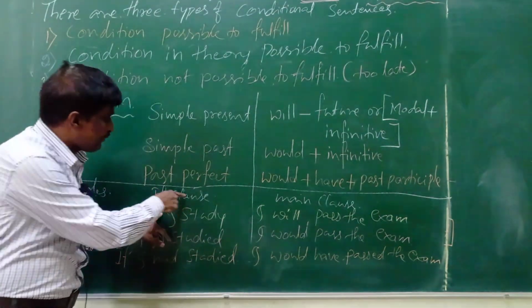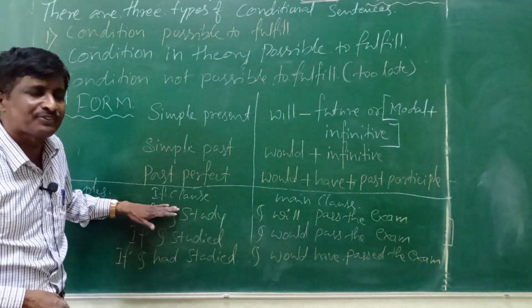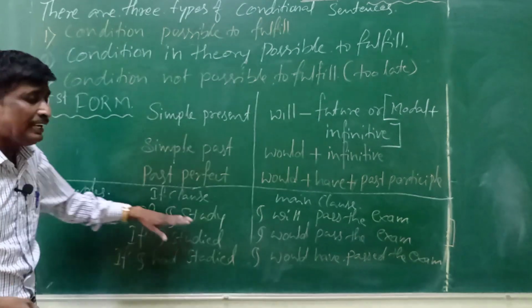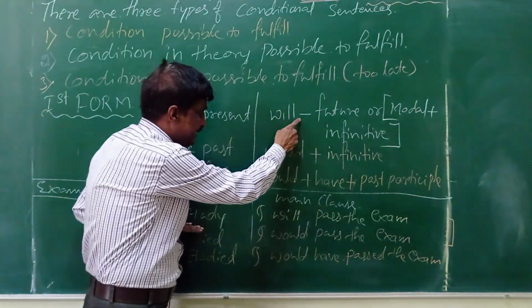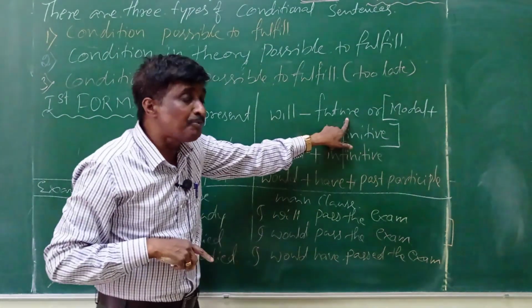See, the if clause, if I study, is called an if clause because the word if is there. Here the main verb is there, that is why it is the main clause. If I study, I will pass the exam.